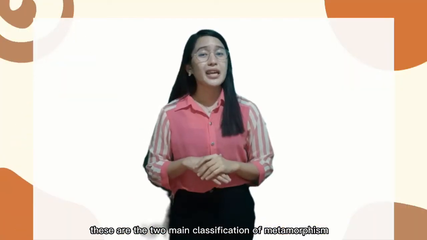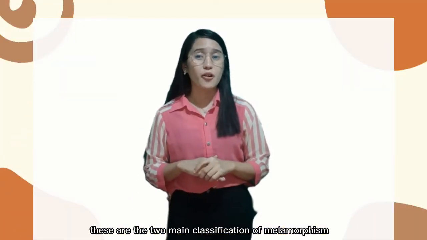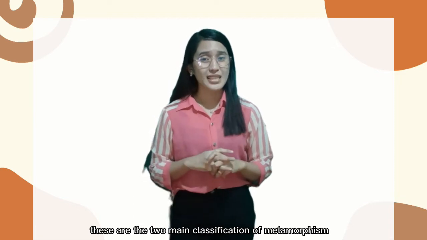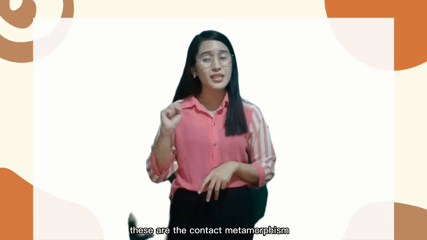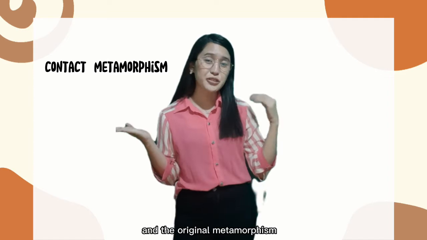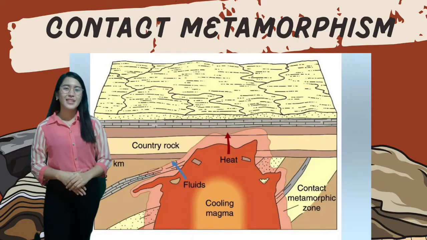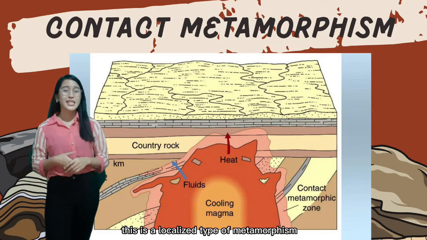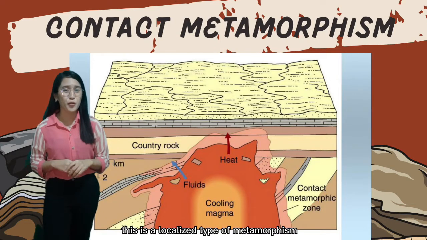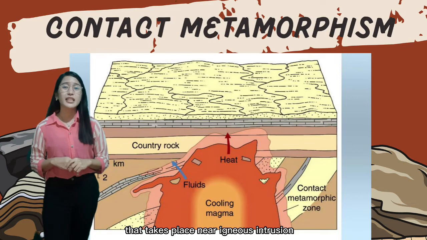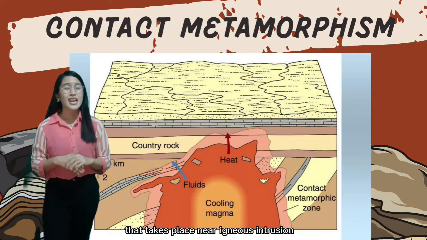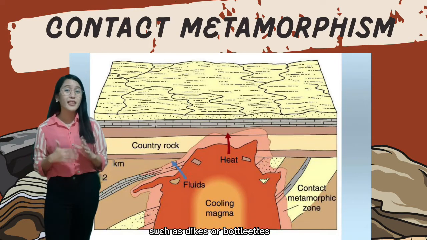These are the two main classifications of metamorphism: contact metamorphism and regional metamorphism. Contact metamorphism is a localized type of metamorphism that takes place near igneous intrusions, such as dikes or batholiths.